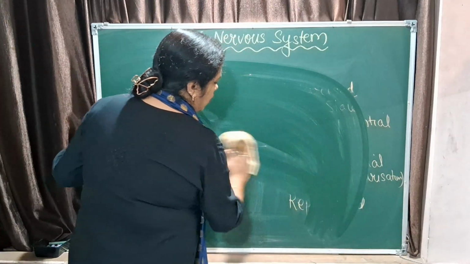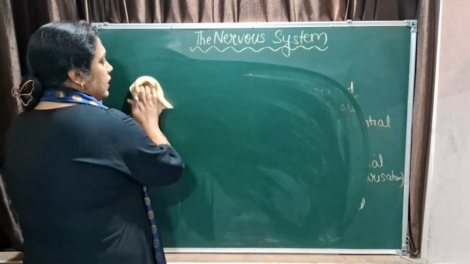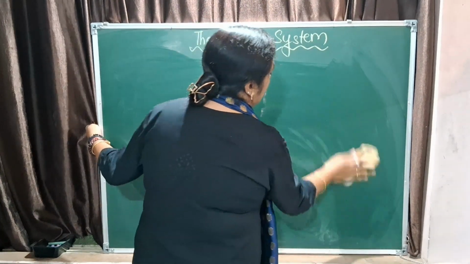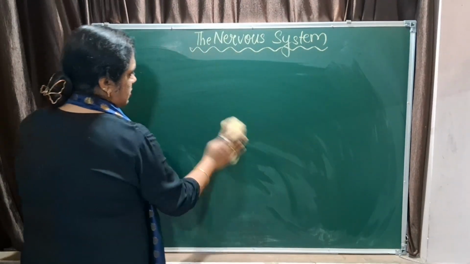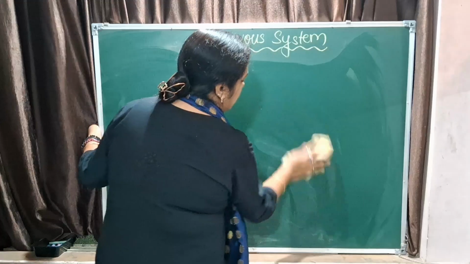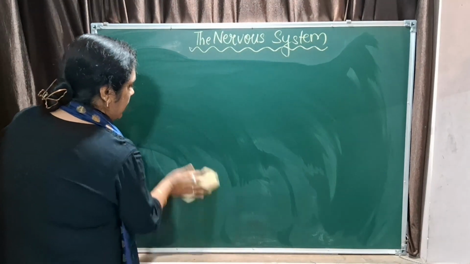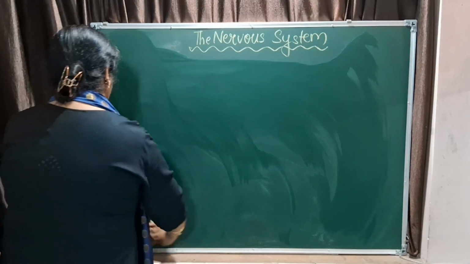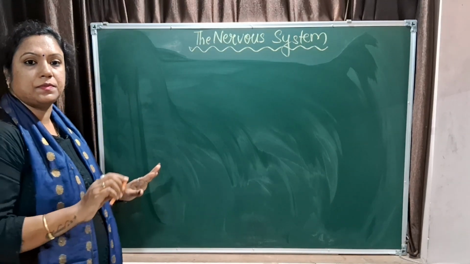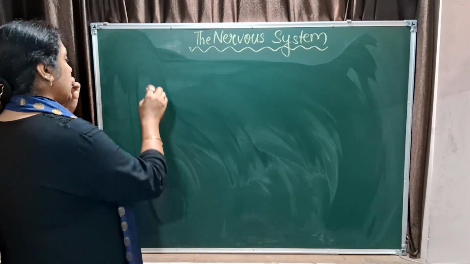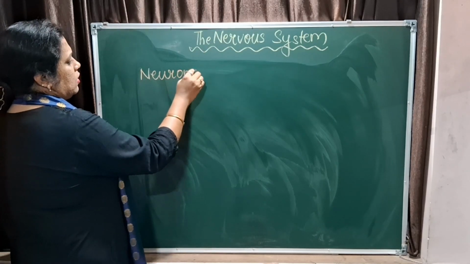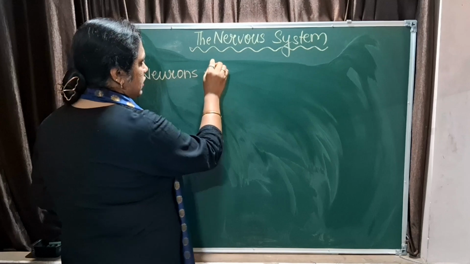Now neurons, basically what it does, there are a few terms: stimulus, response, impulse, right? You need to know the definitions of these terms very clearly. Stimulus: S for stimulus, S is sense organs. Neurons are of 3 types.